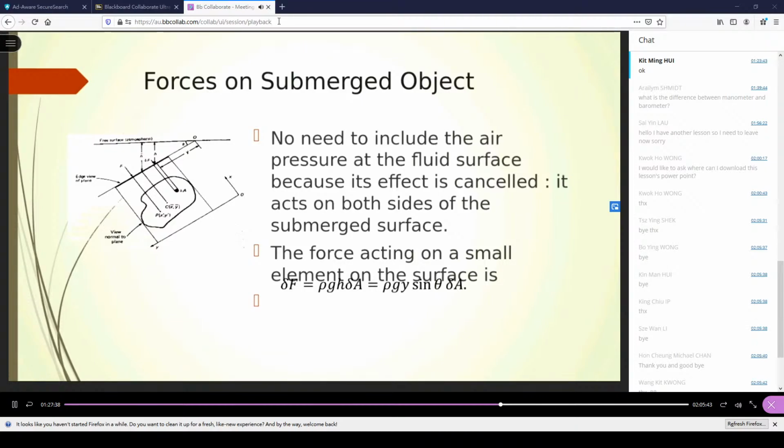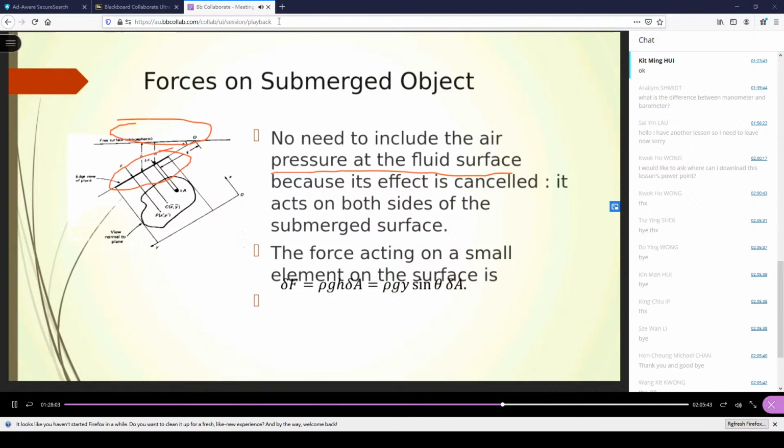Now, in this discussion, we don't consider the atmospheric pressure, because it acts on two sides. Suppose this is the submerged body, and this is the cross section of that body.